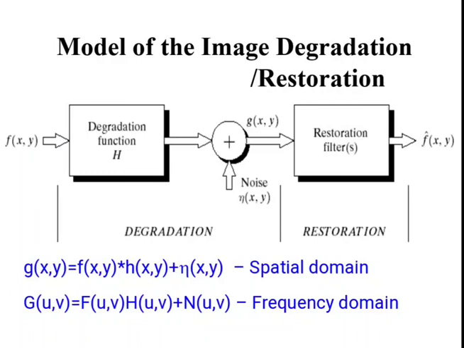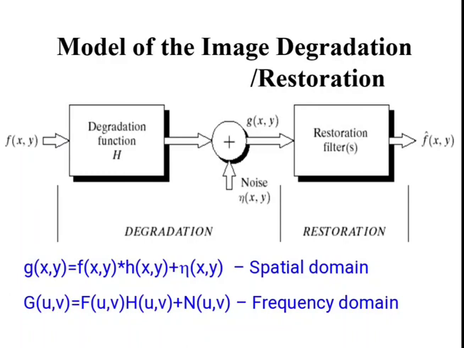If h is a linear, position invariant process, then the degraded image is given in the spatial domain by g(x,y) = f(x,y) * h(x,y) + eta(x,y), where h(x,y) is the spatial representation of the degradation function and the symbol star indicates convolution. We know from the earlier discussion that convolution in the spatial domain is analogous to multiplication in the frequency domain.